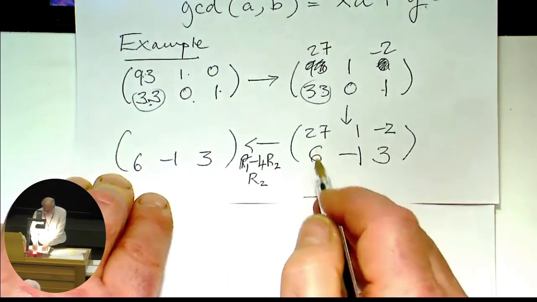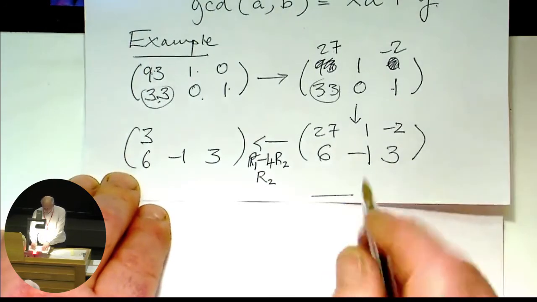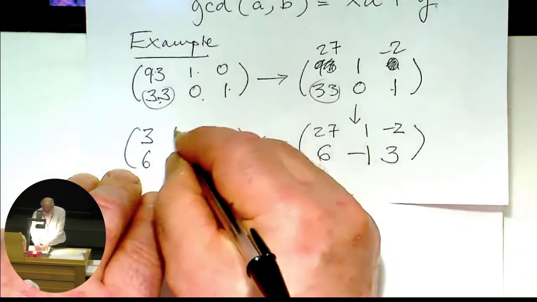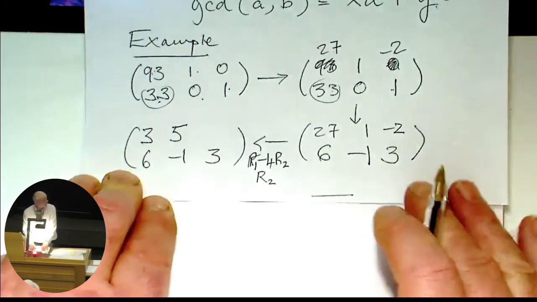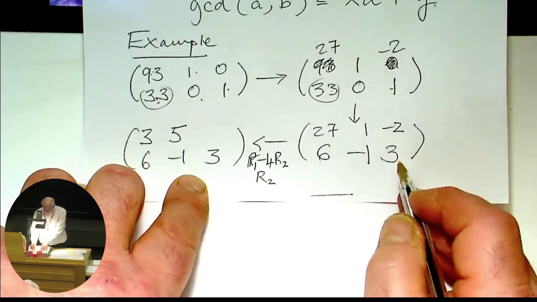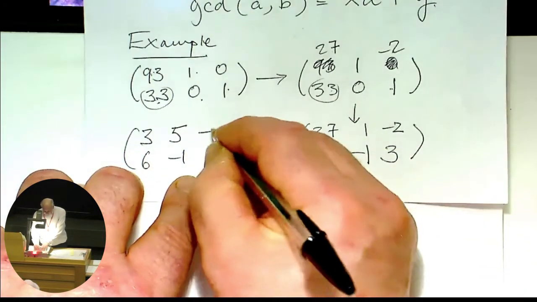So it's going to be 27 minus 4 sixes, that's 3. Then 1 minus 4 times minus 1 is 5. And minus 2 minus 4 times 3 is minus 14.